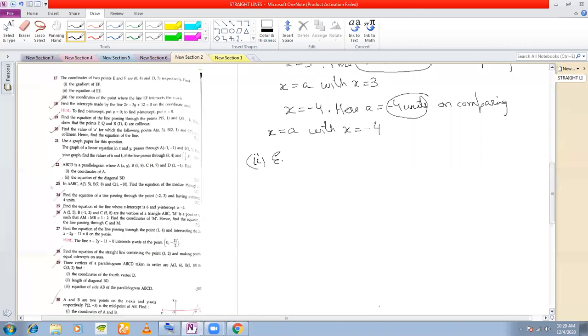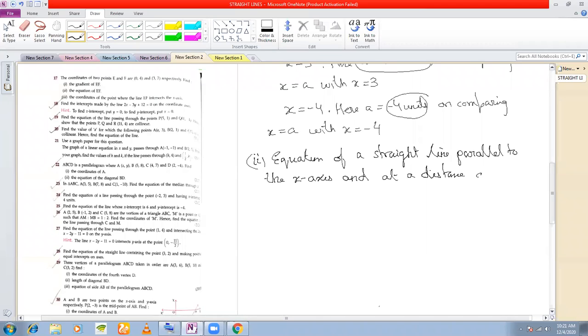Number 2: the equation of a straight line parallel to the x-axis and at a distance of b units from the x-axis.